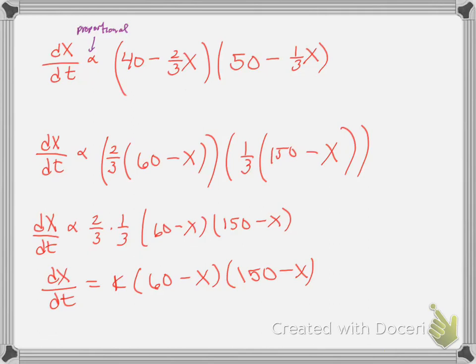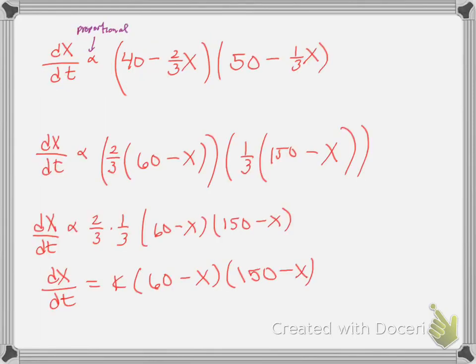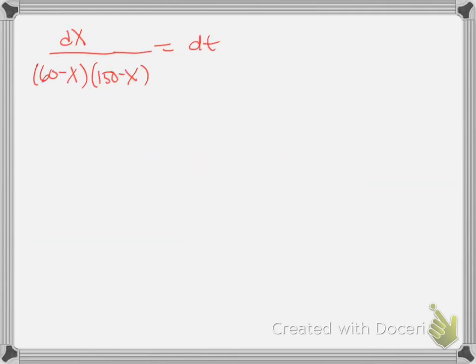So we're going to do it on the next page: dx over 60 minus x times 150 minus x equals k dt. I'll keep the k on this side.